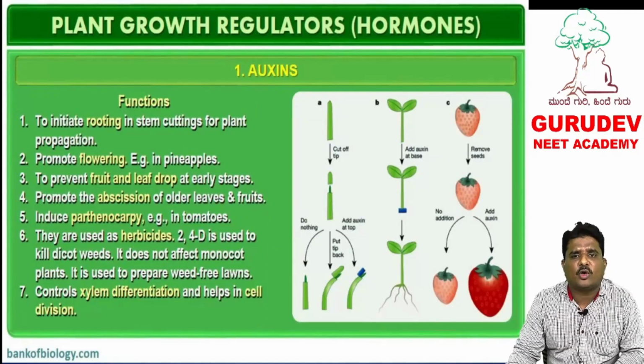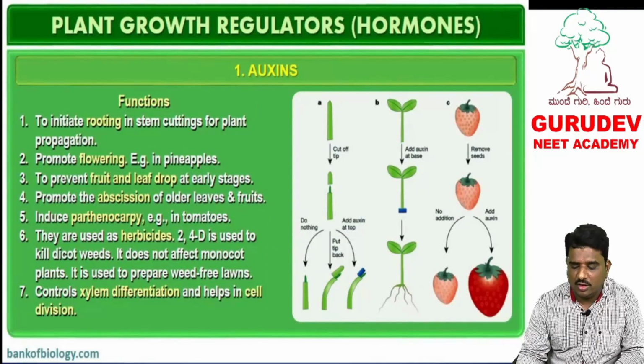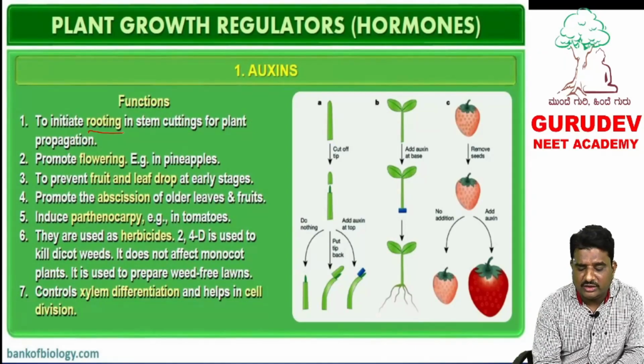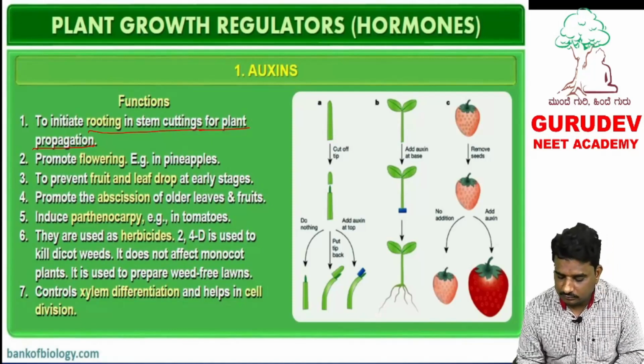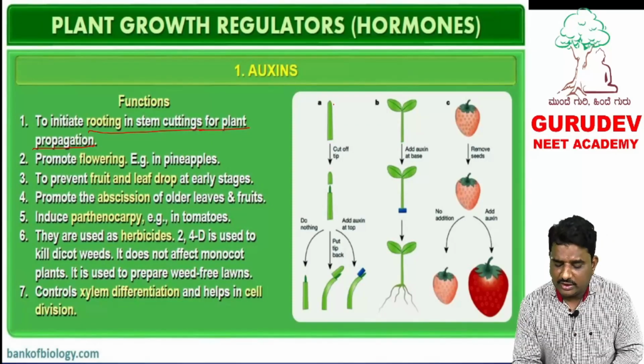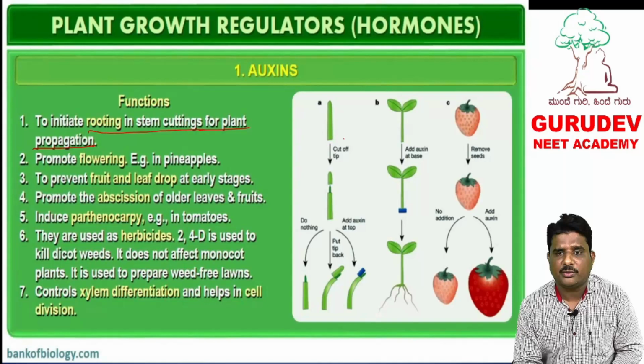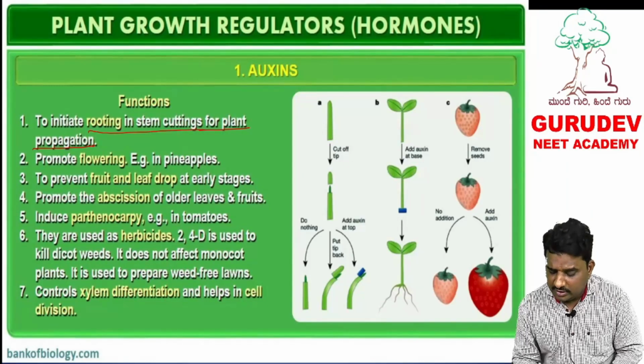What are the functions of auxin? Number one, to initiate rooting in stem cuttings for plant propagation. If you have taken a stem cut, there should be rooting in this stem cut. Rooting means the root formation process.